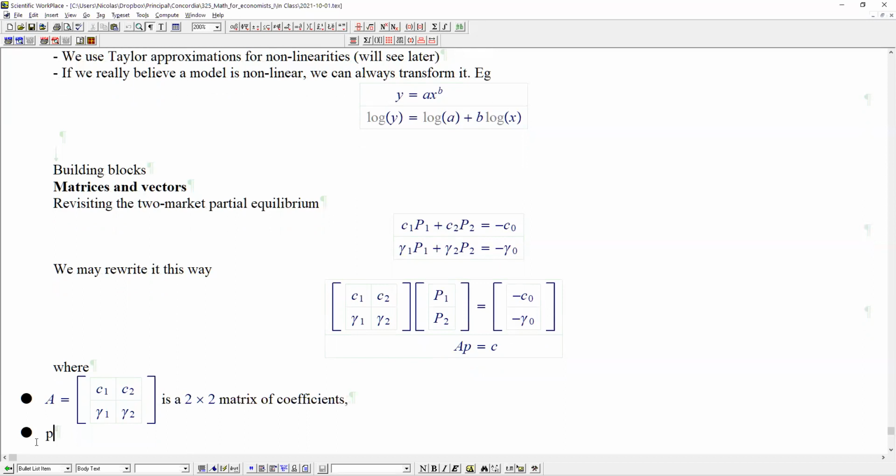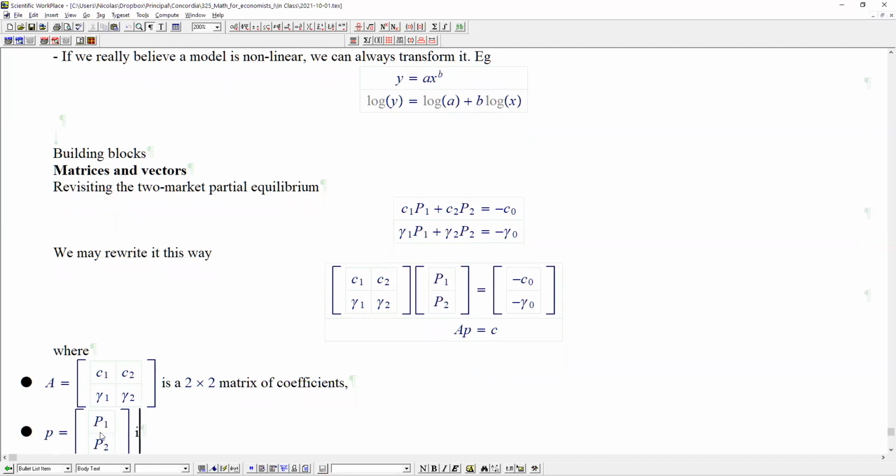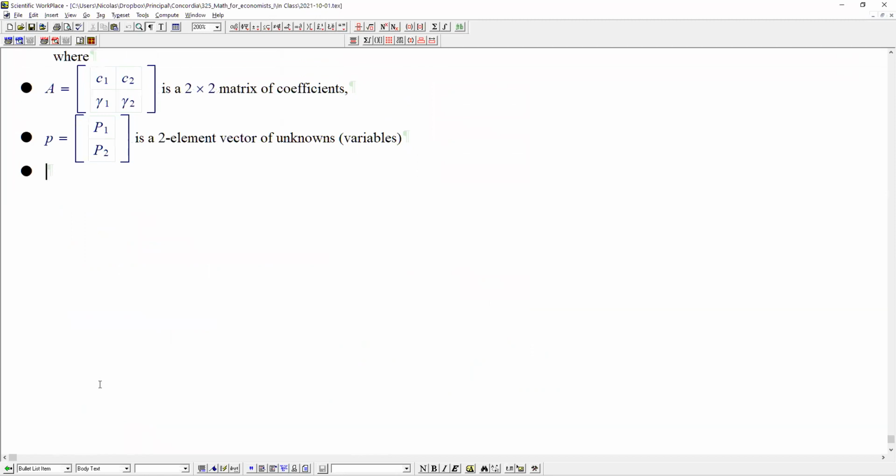And P is P1, P2, a two-element vector of unknowns, variables we care about, that we would like to solve.